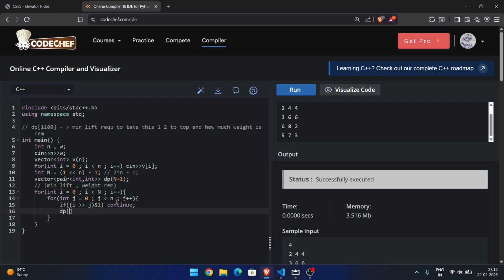Okay, so now if the weight of the jth person is greater than, okay, let us first abstract the answer: lift required to reach this state and the remaining weight at this stage.